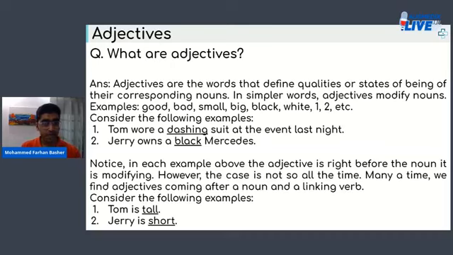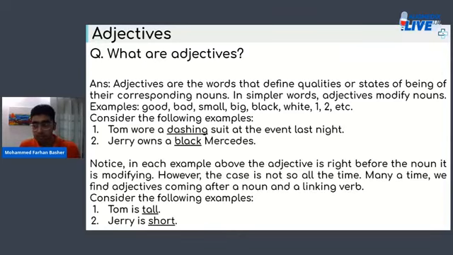However, for your reference, I would like to read the entire slide once again. So what are adjectives? Adjectives are the words that define qualities or states of being of their corresponding nouns. In simple words, adjectives modify nouns, right? Adjectives tell you more information about a noun.